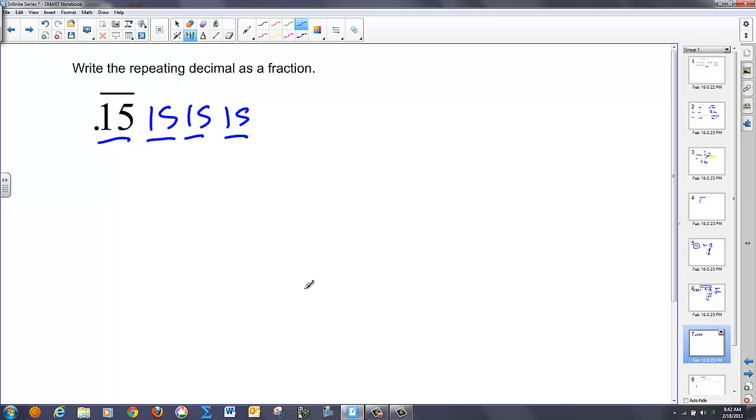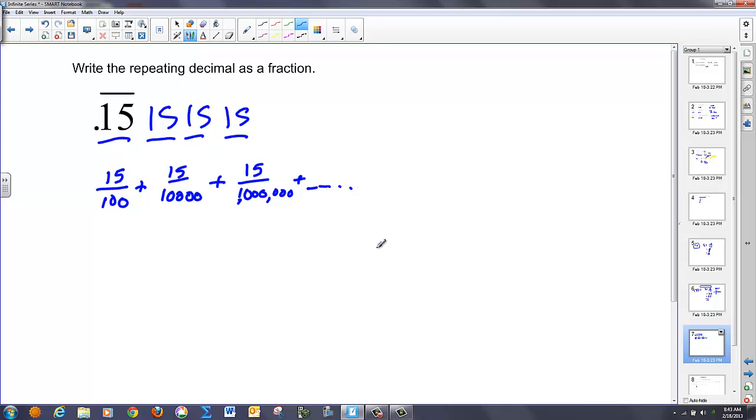Well, if we take a look at the first one, we know that that is basically 15 over 100. And if we add the next repetition to that, that's 15 over 10,000. And the next repetition after that is 15 over, I believe it's 1,000,000, etc.